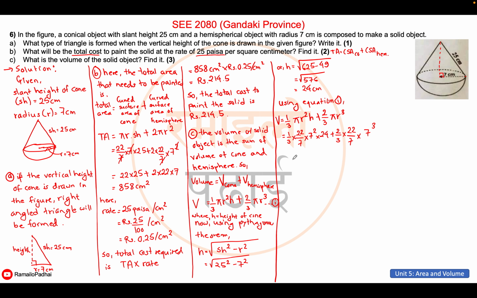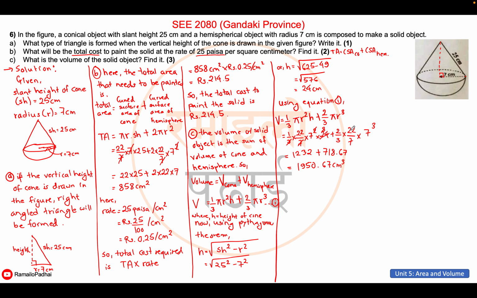This will give us 1232 plus 718.67. You calculate it, which is equal to 1950.67 centimeter cube. Let me just help you a little bit. So 7 gets cancelled and only 7 remains, and 24 divided by 3 is 8 times.